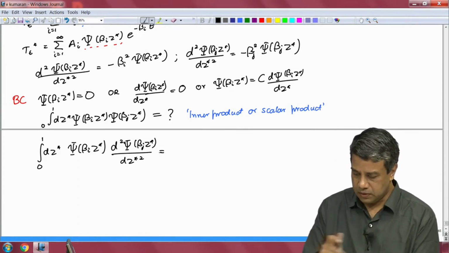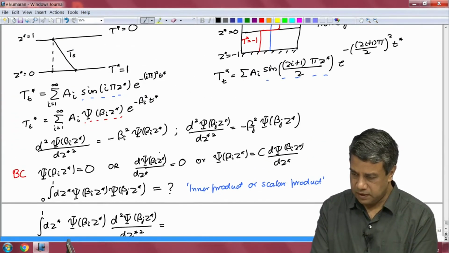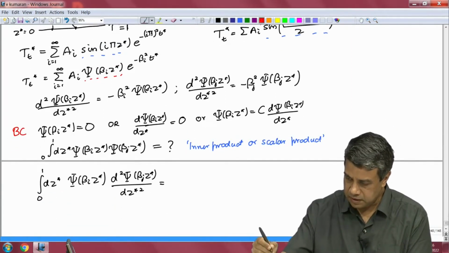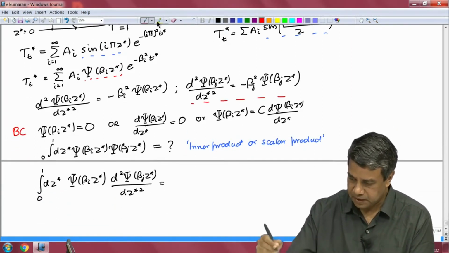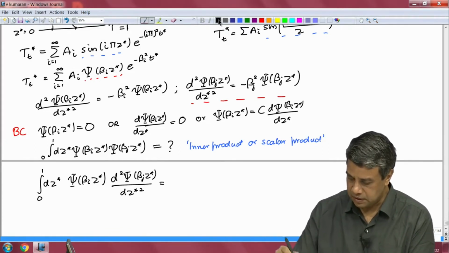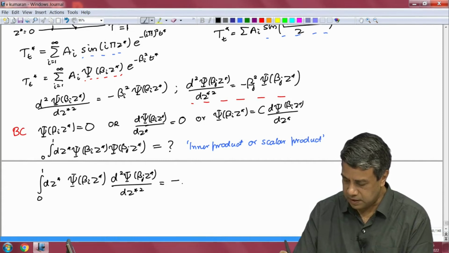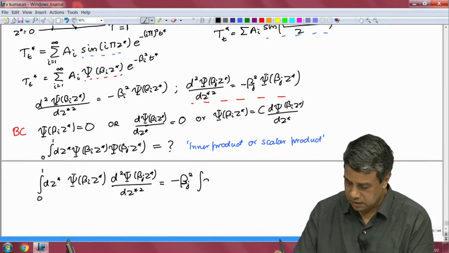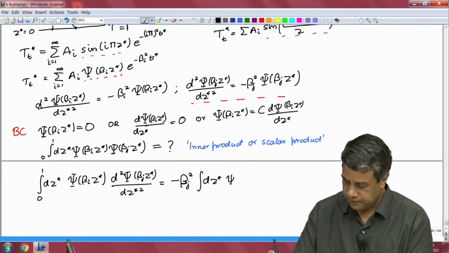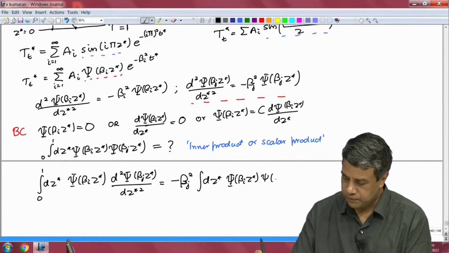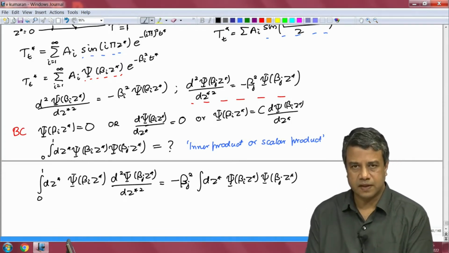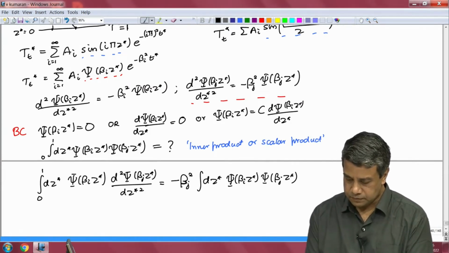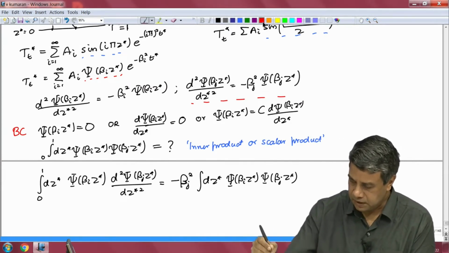We know that this second derivative has to satisfy this equation. Therefore, I can write it in one way as minus beta j square times the integral dz star. So, that is one way of writing it. I label this as 1.